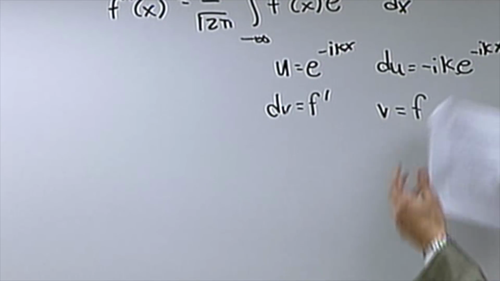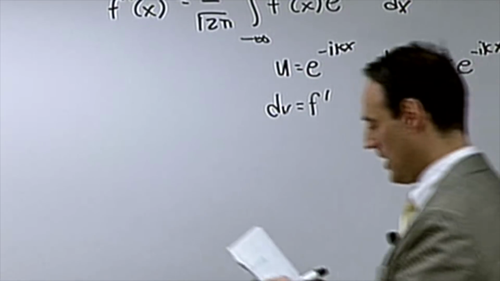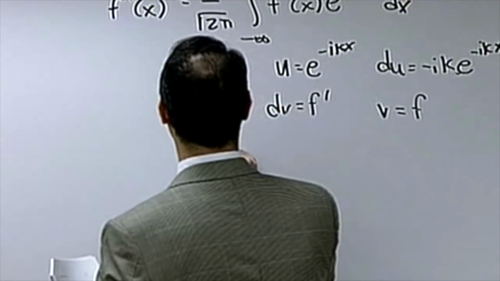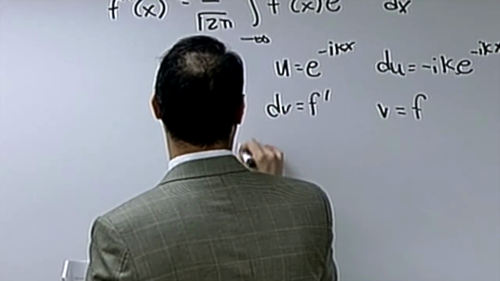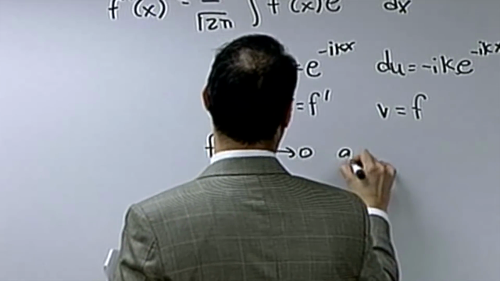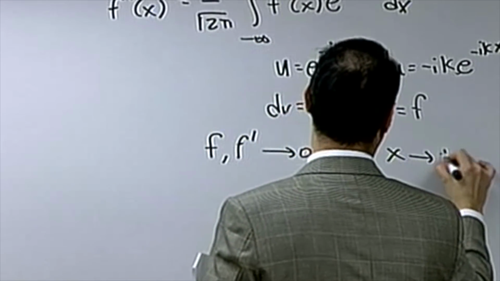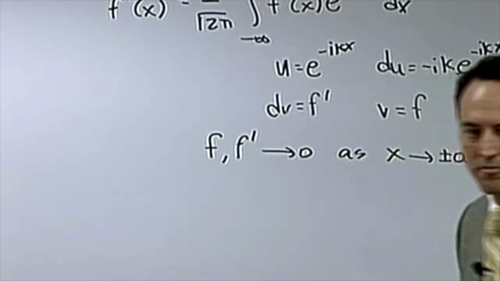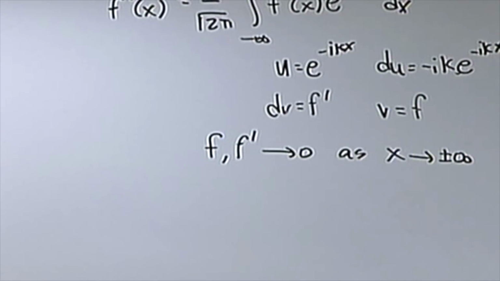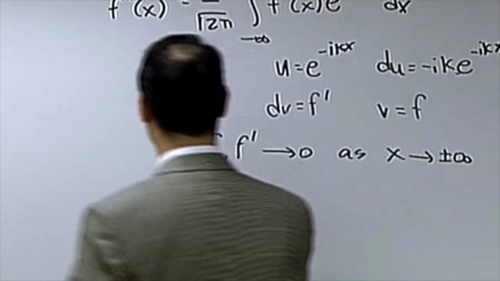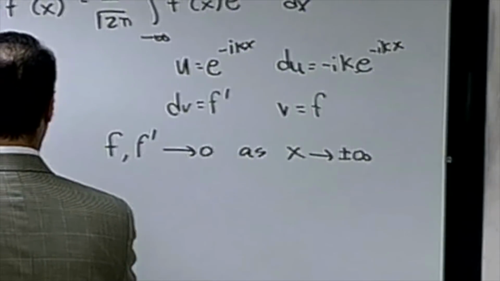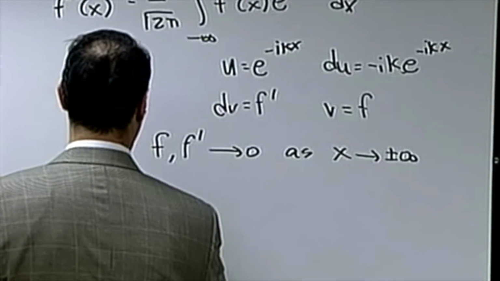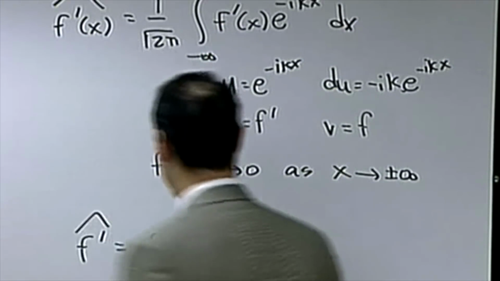If you just apply this rule, basically what you end up with, and by the way, you make one assumption that f and its derivatives go to 0 as x goes to plus or minus infinity. Then what you find is that the Fourier transform of f prime is equal to ik times f hat.